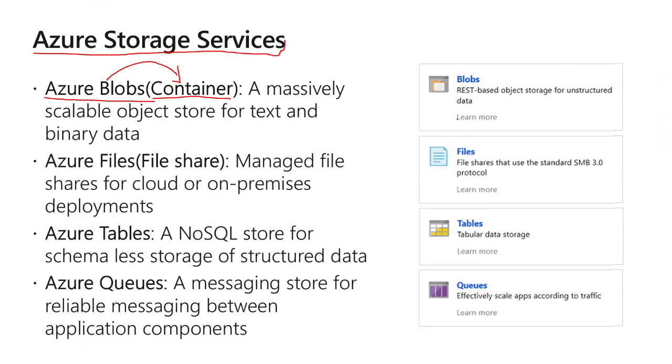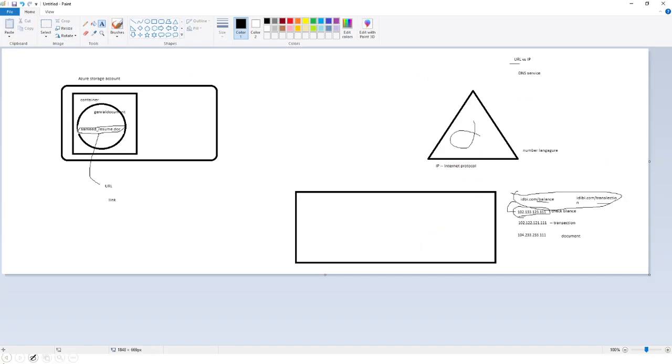Okay, coming back to the topic. When I upload the data, I'll get some URL or link, you can simply say, which I can give to my HR, and HR can access my resume. This is how I store my data. It is happening over the internet.